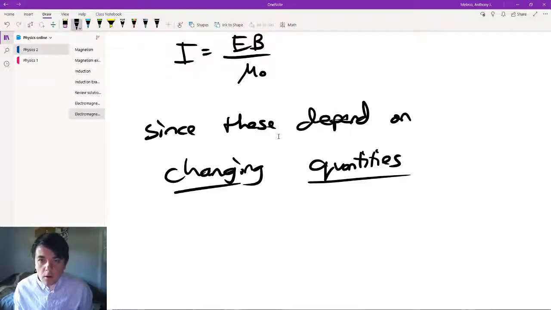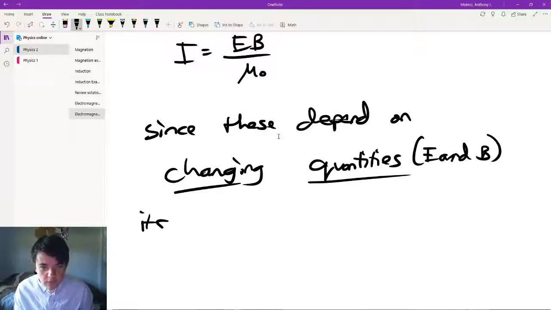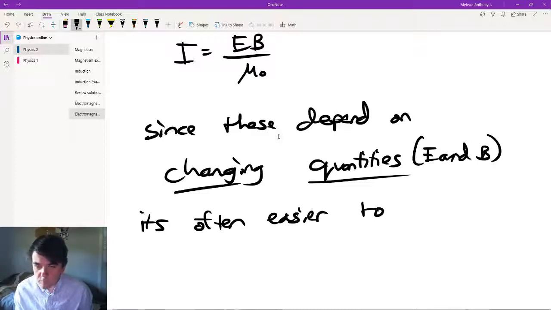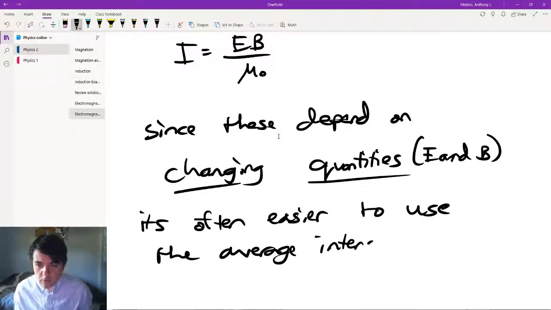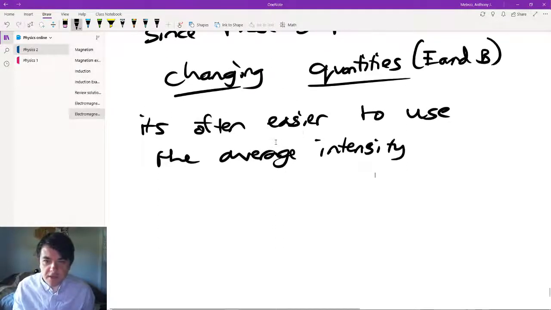So it's often easier to use the average intensity, okay, to figure out the energy transfer.